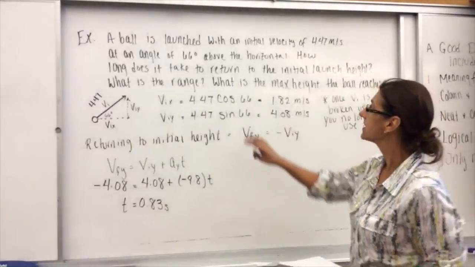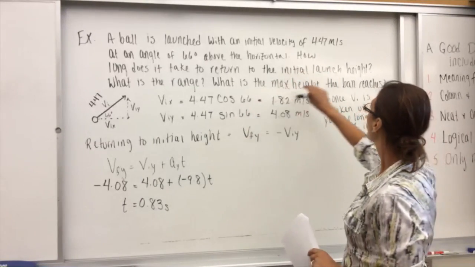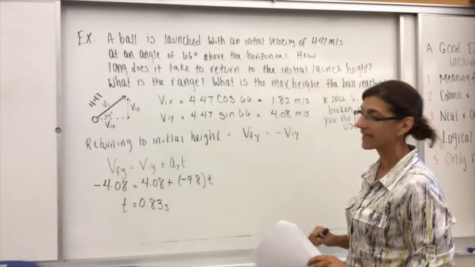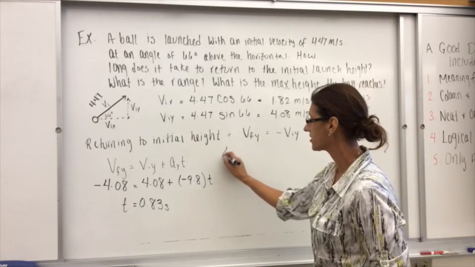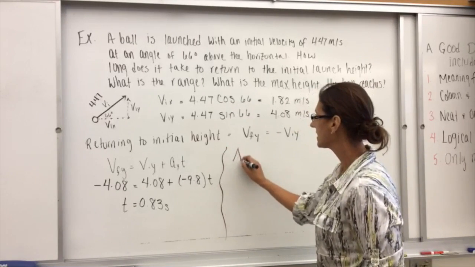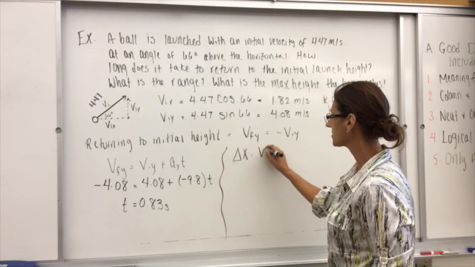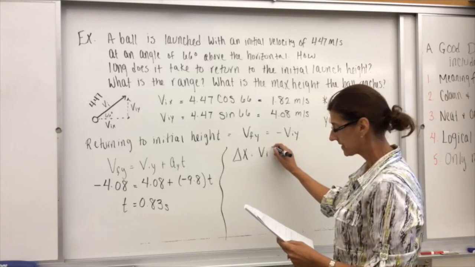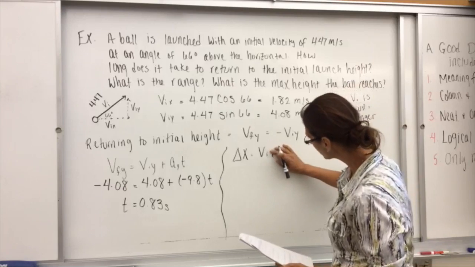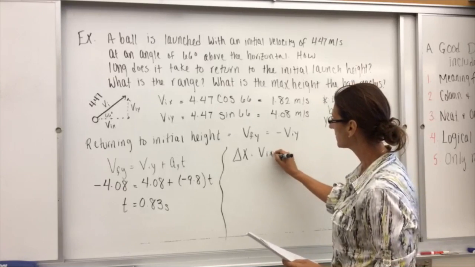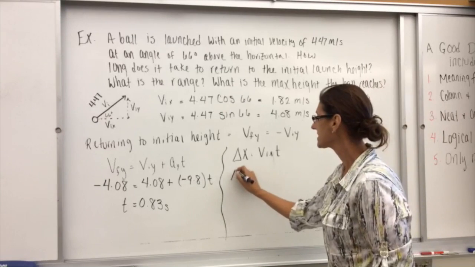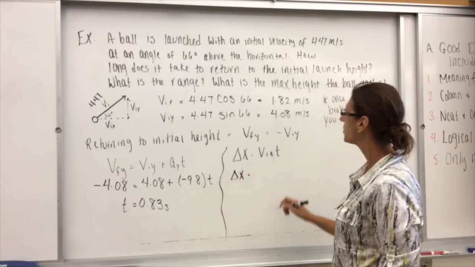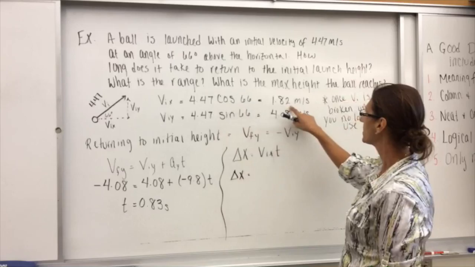The next question says, what is the range? Okay, so I know for range, I always use the same equation, and that is delta x equals v initial x times t. So in this case, delta x equals, my v initial x is right here, 1.82.